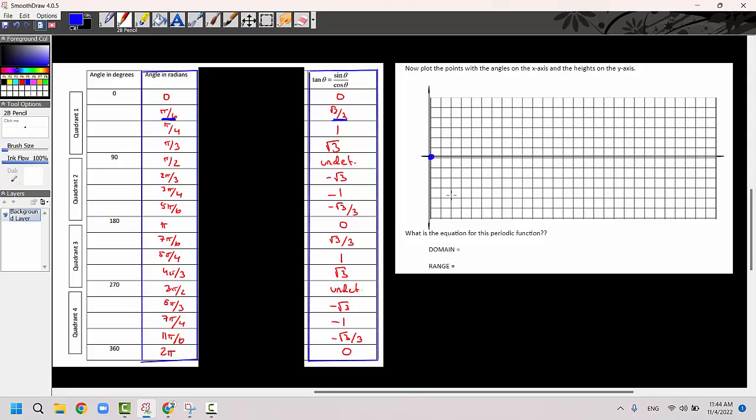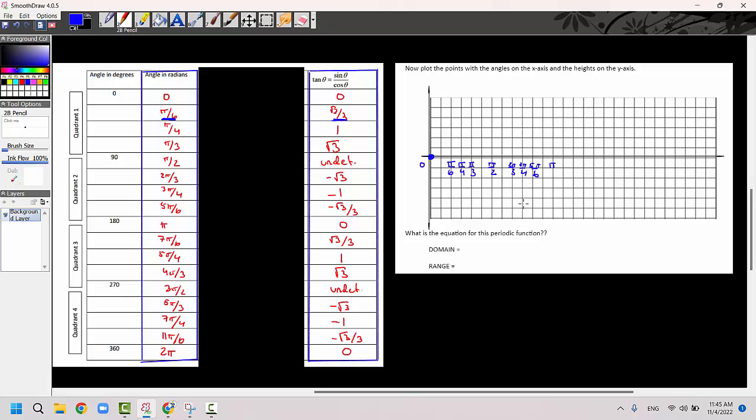Now actually what I'm going to do here is exactly what I did with the sine and cosine graphs, but this time I'm going to do it in radians and not degrees. So that's 0. I'm going to skip 2 spaces because that's going to be 15 degrees, or pi over 12 radians. The first guy is going to be pi over 6. The next guy is going to be pi over 4. And the last guy is going to be pi over 3. Skip another space, pi over 2. Skip another, 2 pi over 3. 3 pi over 4. 5 pi over 6.